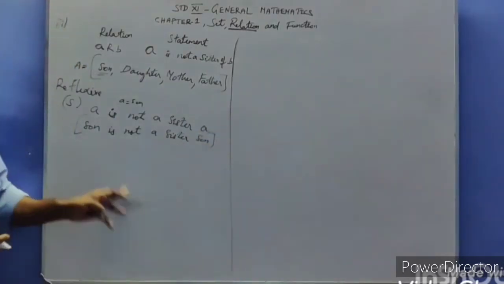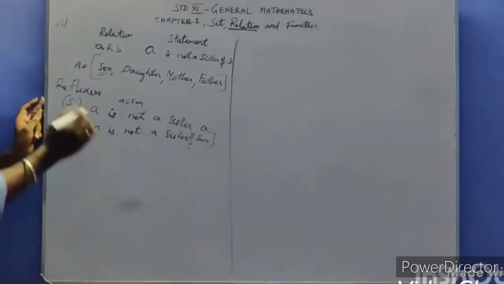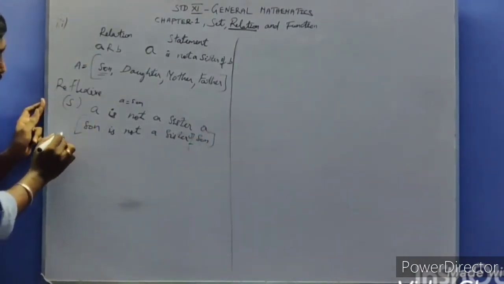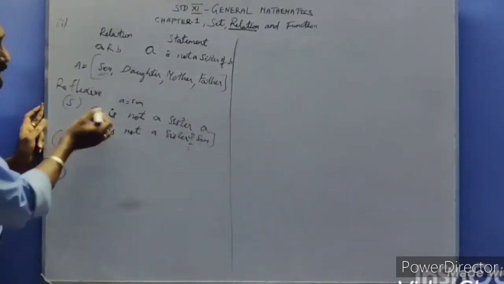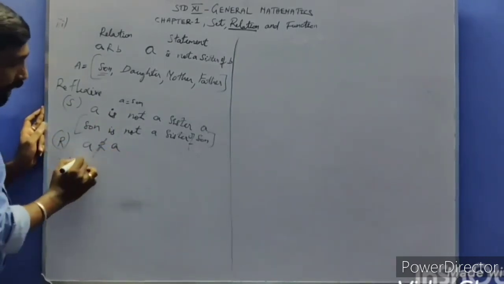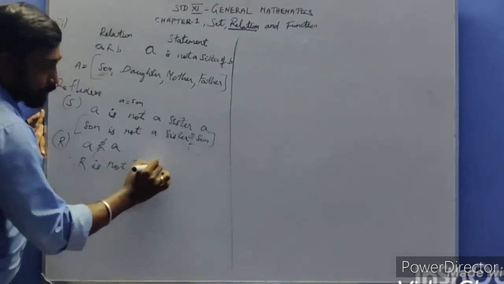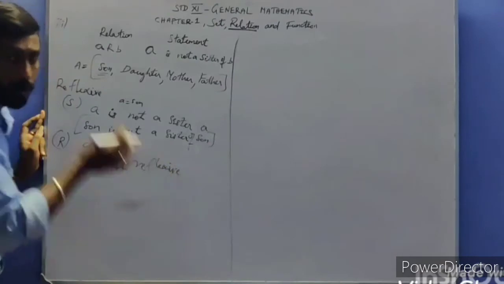It is impossible. So now we find the relation: A is not related to A. Therefore R is not reflexive.